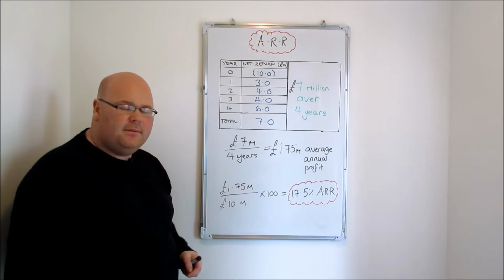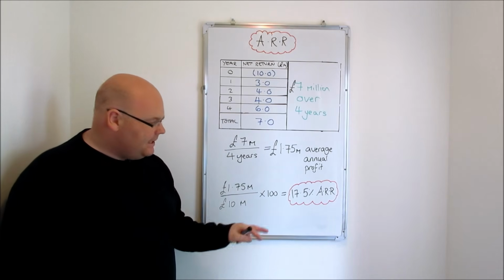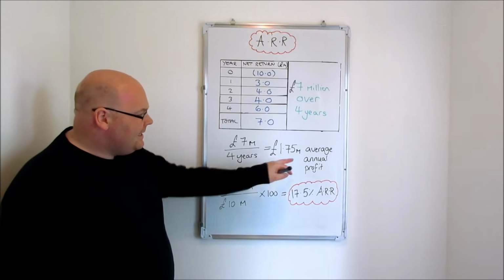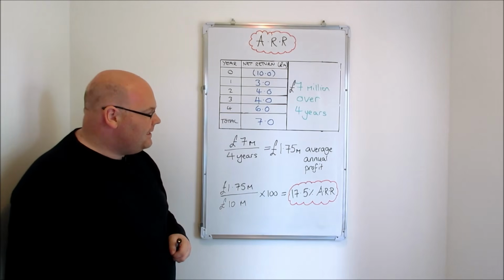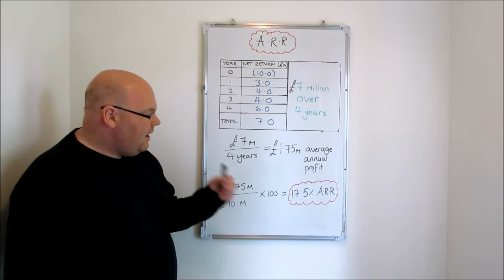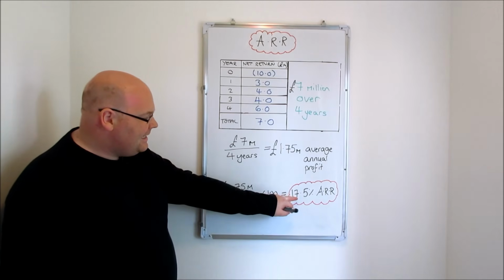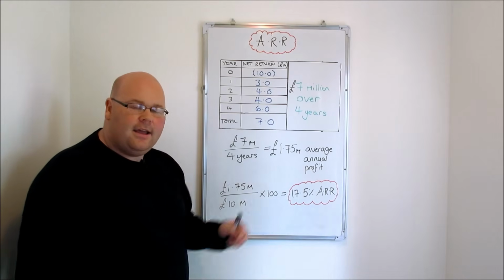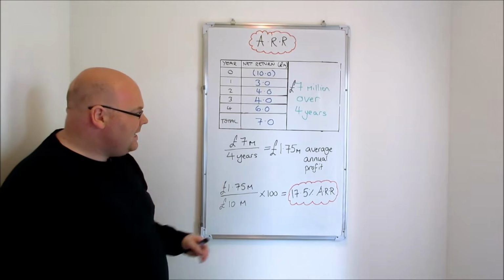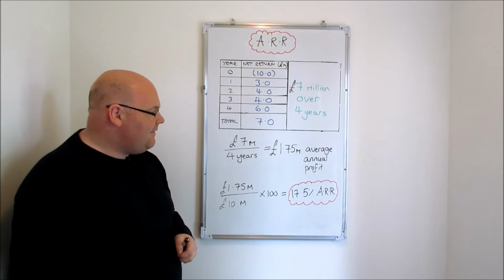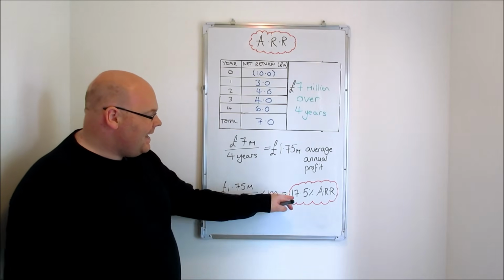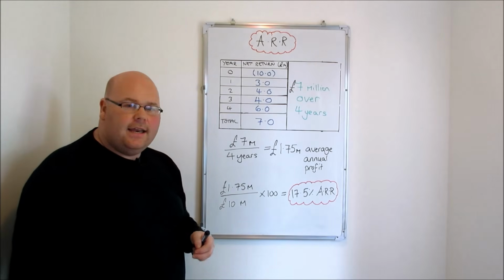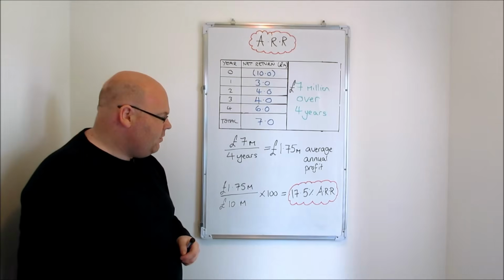And if we remember to times it by 100, because whenever we want to work out a percentage, we've always got to times it by 100, what we can say is that this average annual profit of 1.75 million is like saying it's going to make us 17.5% ARR. What we can say is this 1.75 average annual profit is a 17.5% return on our initial cost of this project.